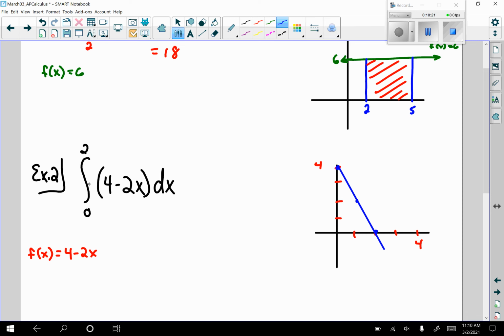Now notice it's going from 0 to 2, so I'm only shading the area from x equals 0 to x equals 2. I don't go below the x-axis. Now we formed a nice triangle, so this is going to equal the area of the triangle, which is 1/2 the base times the height. So our base has a measurement of 2, and our height is 4. So here the integral is just equal to 4.